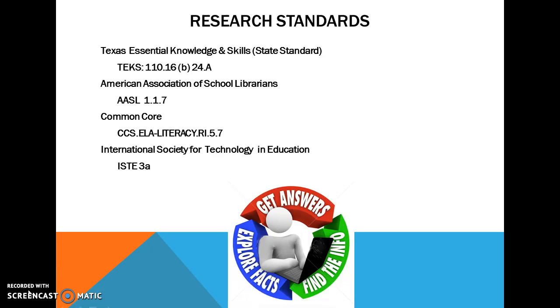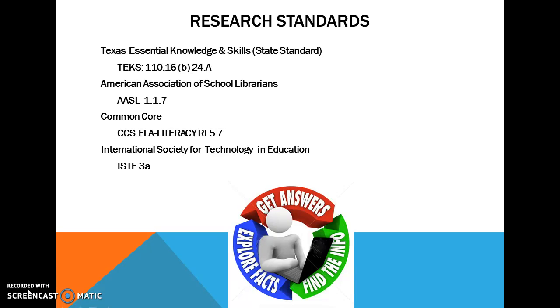The second research standard that supports the Big Six is going to be from the American Association of School Librarians 1.1.7. The student will make sense of information gathered from diverse sources by identifying misconceptions, main and supporting ideas, conflicting information, and points of view or bias.